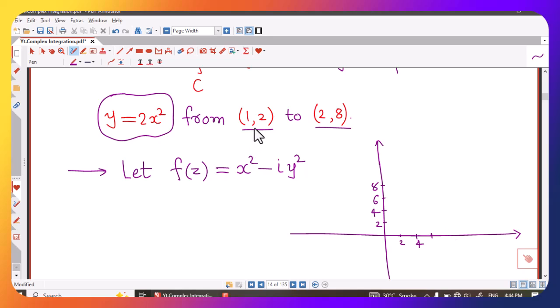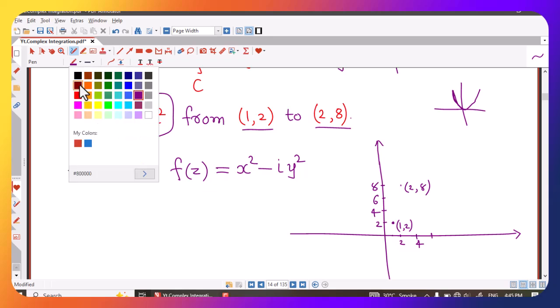One point is (1, 2), so 1 is somewhere here, that is this point is (1, 2). Another point is (2, 8), that is 2, and somewhere here is the point (2, 8). And we know that the shape of this type of parabola is like this. It is a parabola passing through the origin in this shape.